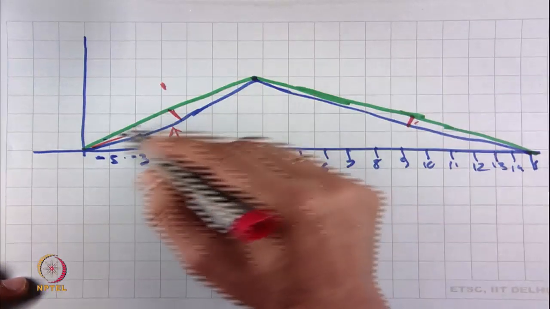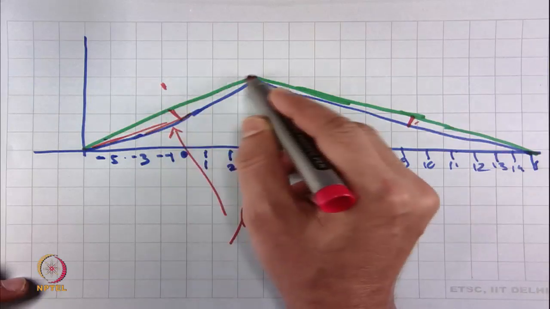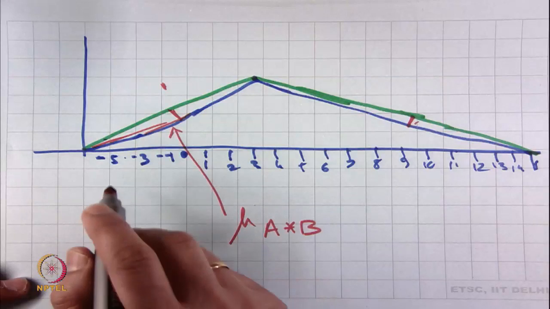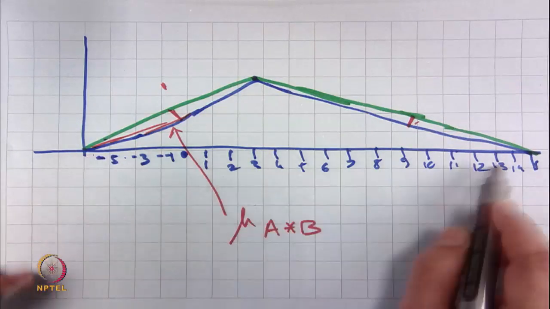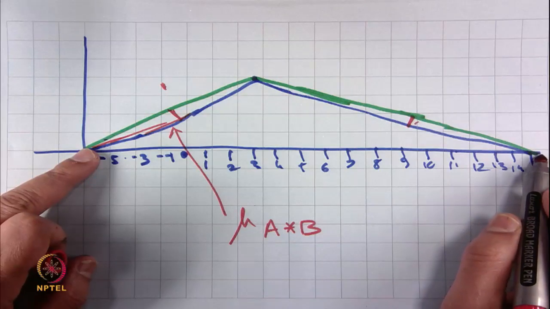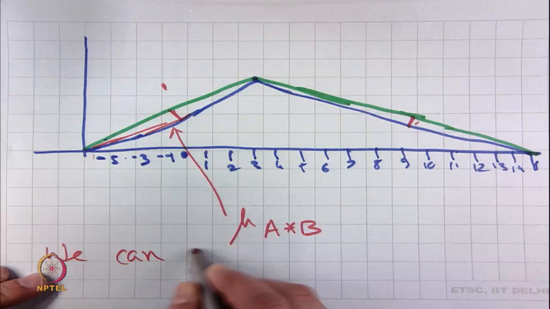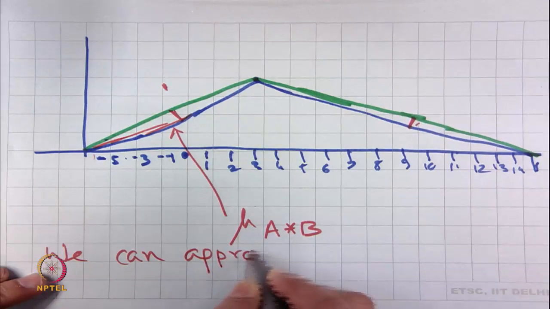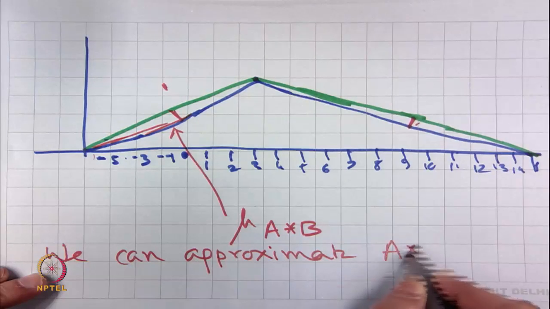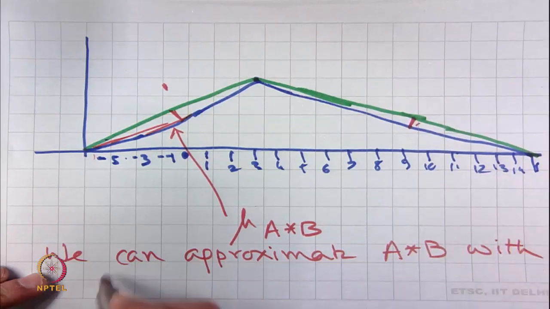Since the overall difference between the linear approximation and the actual curve is small in comparison with the total support of the fuzzy number, we can approximate A star B with P.